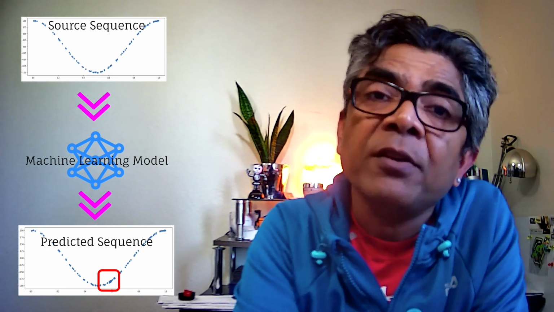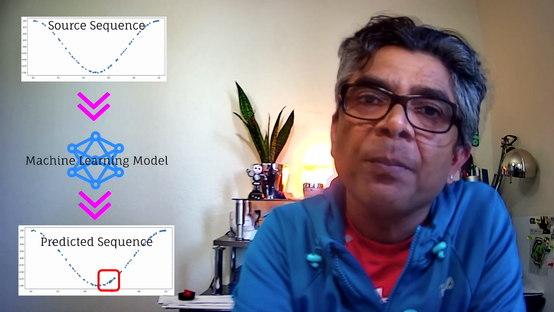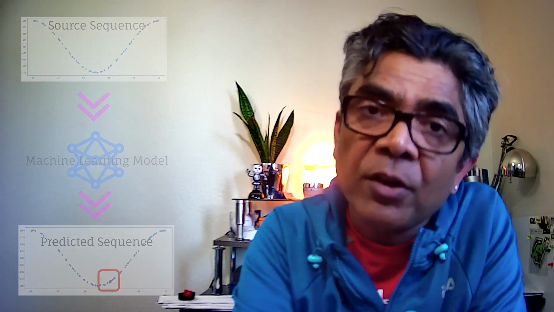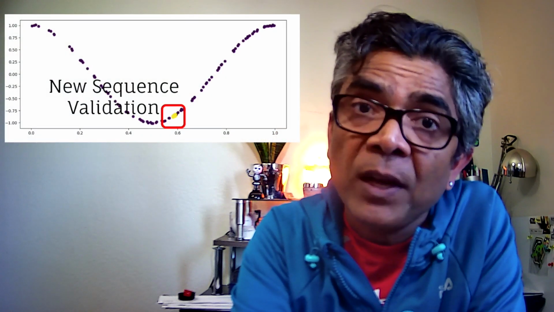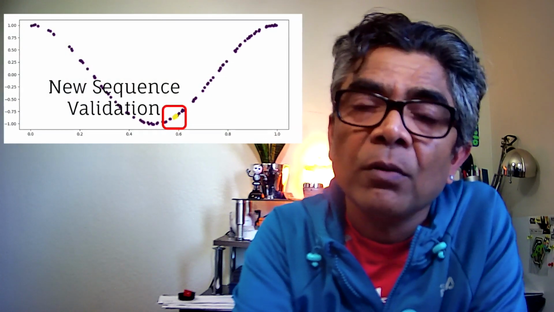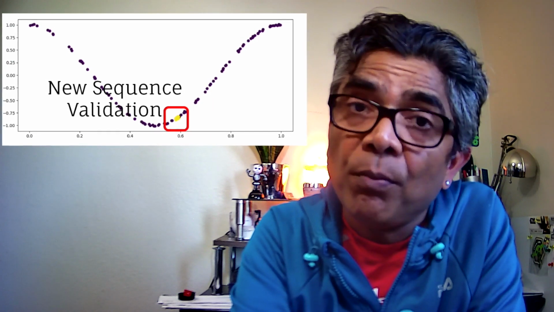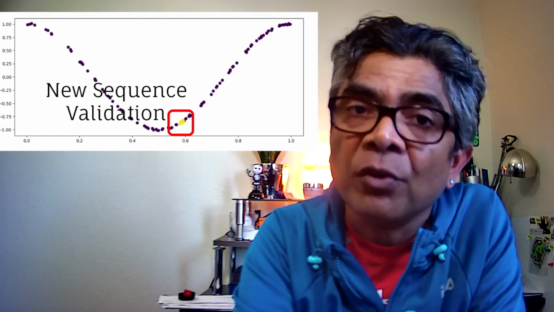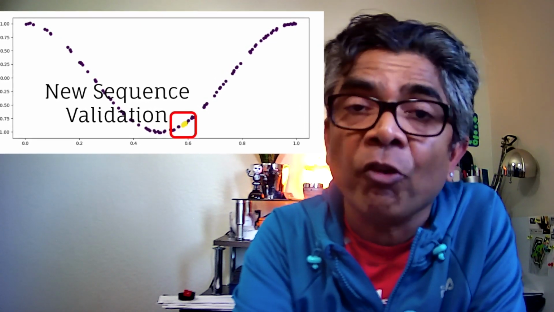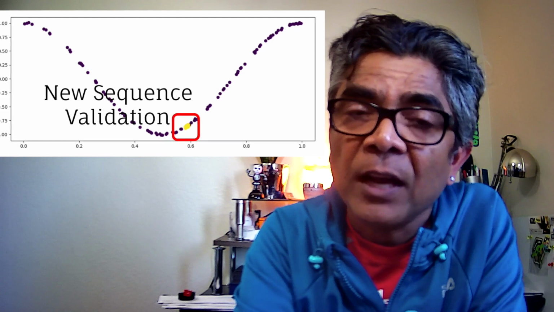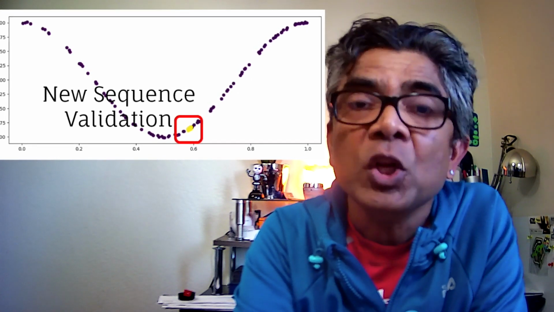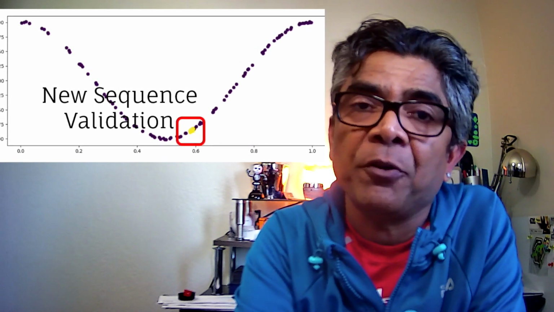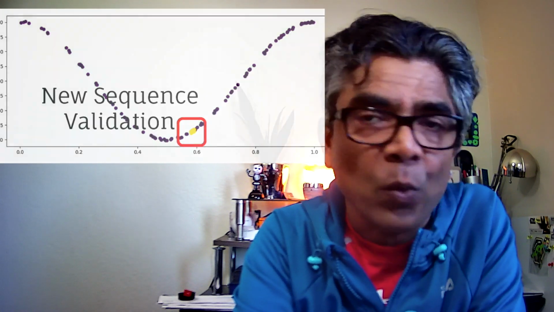Once our predicted sequence is generated, by combining the predicted values as well as the source values, we plot the graph to validate and make sure that the sequence generated by our Scikit-learn regression model is correct and these new numbers do lie in the same pattern as the source sequence.